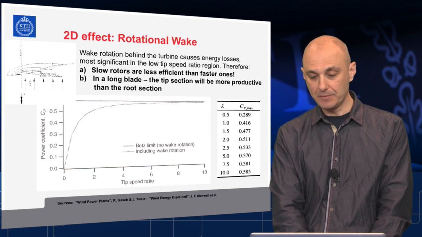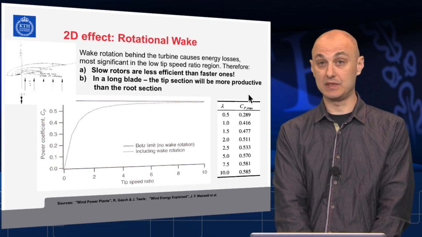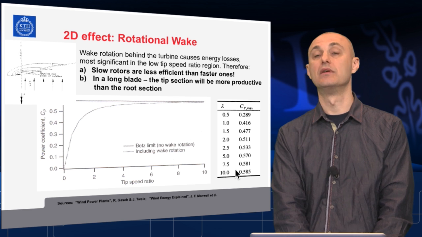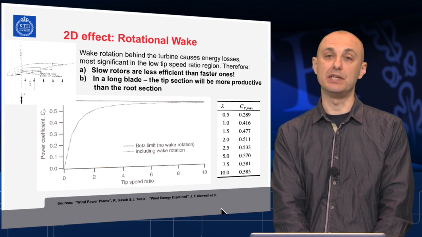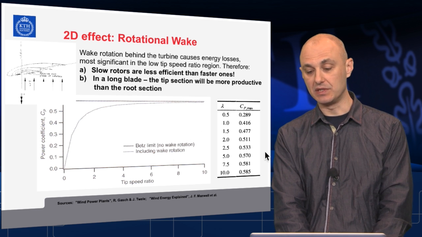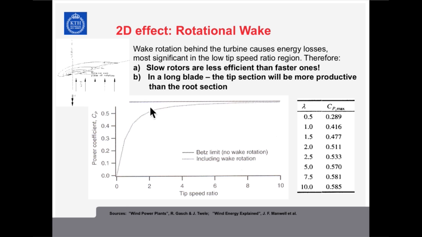A very nice example that the power coefficient, and thus the aerodynamic efficiency of a rotor, is a function of the tip speed ratio. The faster the rotor rotates, the more efficient it has the chance to be. And this graph very nicely represents what happens with slow-going turbines.